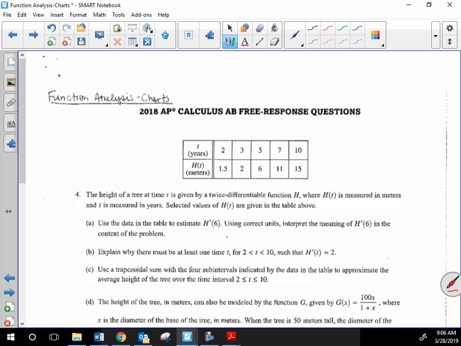Okay, for those that are wanting to move on to the next thing, on 2018, take a look at part A. How would you find, or how would you estimate h prime of 6?